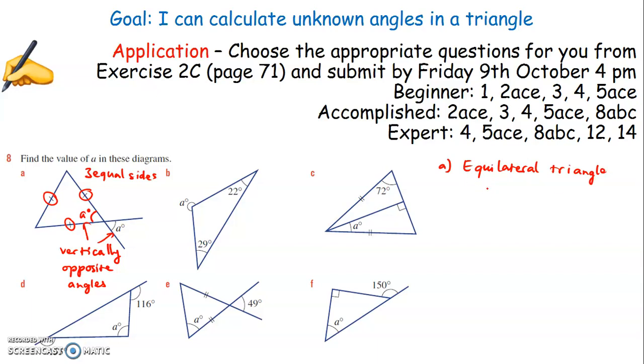And if we are dealing with an equilateral triangle, that means that each angle is equal to 60 degrees. So that answers our question. A is equal to 60 degrees.